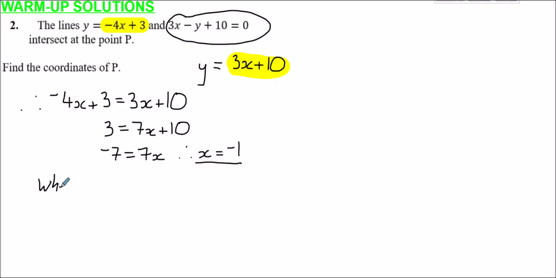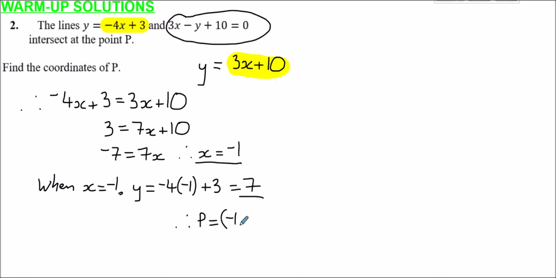So, when x is minus 1, y is going to be minus 4 lots of minus 1 plus 3. Minus 4 times minus 1 is positive 4, plus 3 is 7. So if x is minus 1 and y is 7, therefore we can say that P has to be minus 1, 7. And we're sorted.